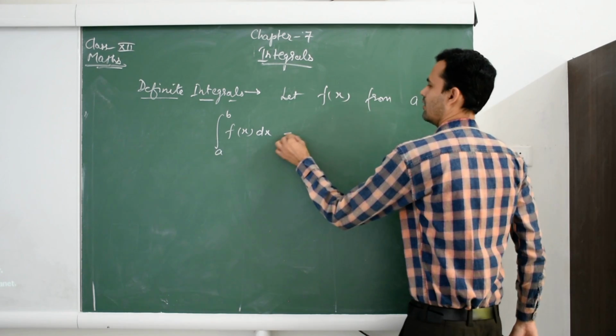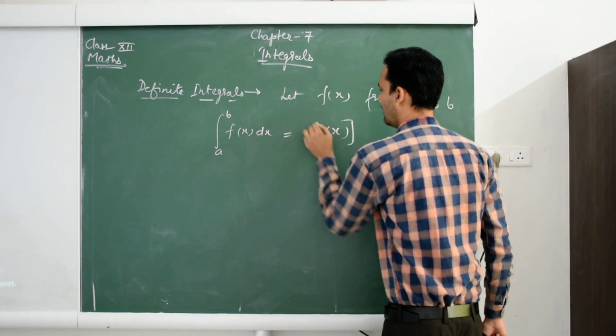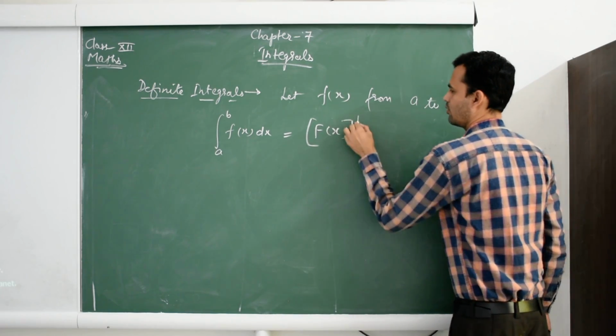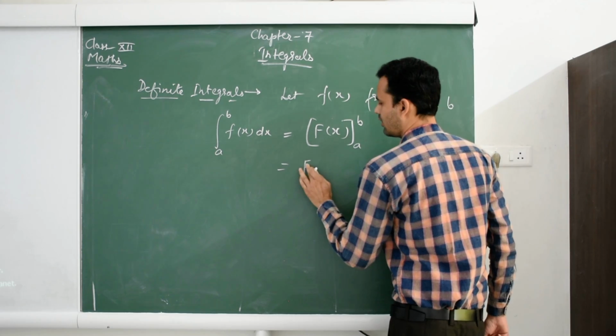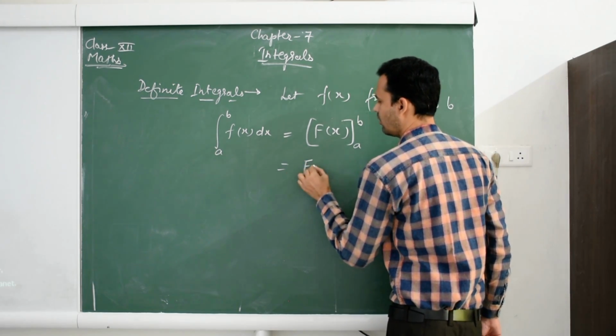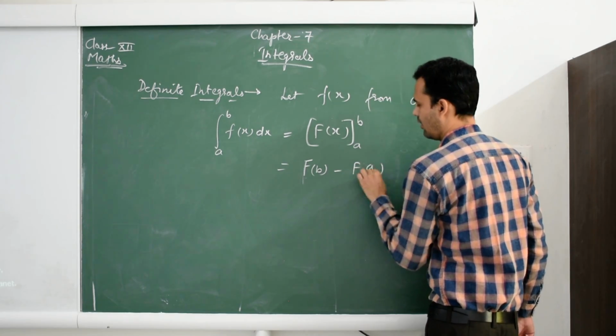If we solve this f(x), then the integration of f(x) is capital F(x), and the limit is a to b. We put the value of the upper limit first minus the lower limit.